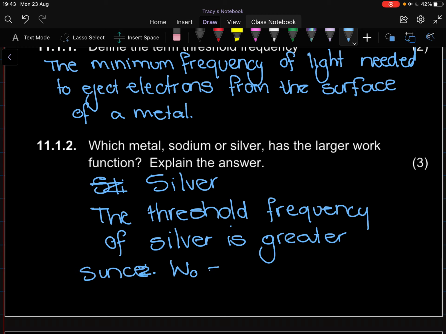And since W0 equals hf0, W0 will be greater or larger, either way.